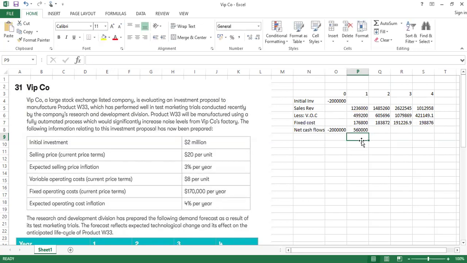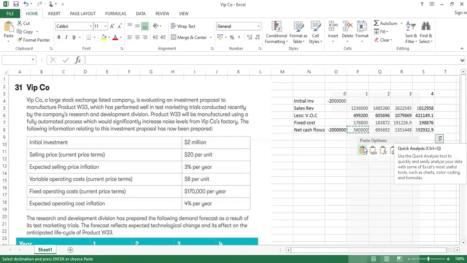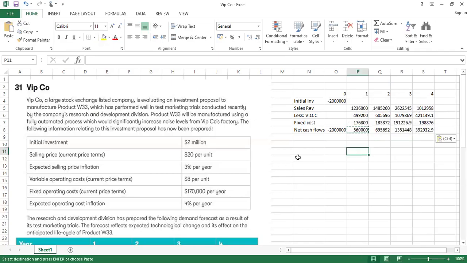Yes, it works. So we have net cash flows. Now we will calculate our present values.